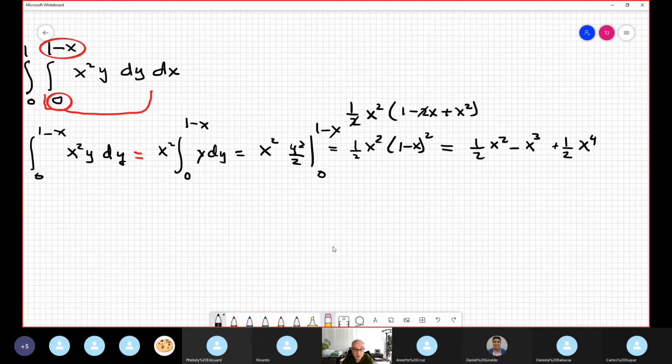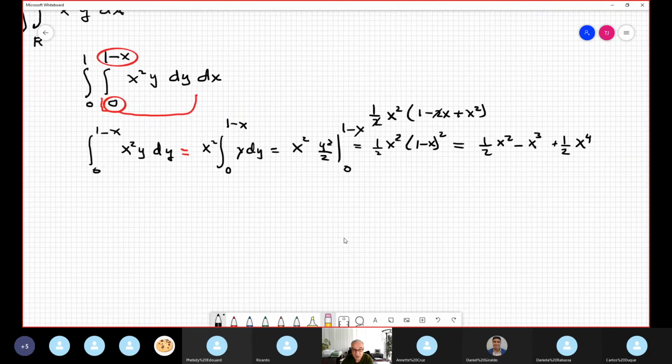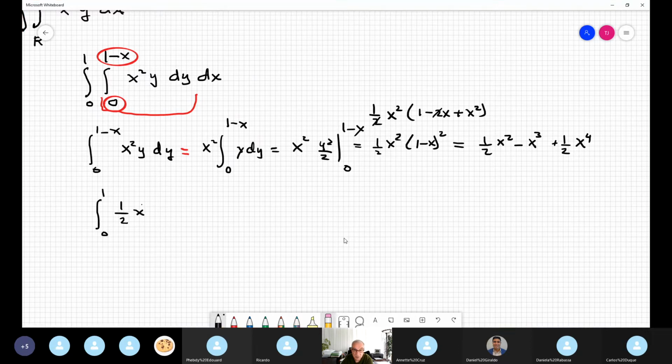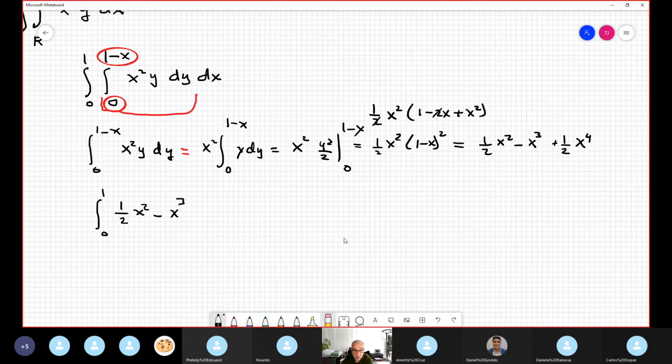You see, when the limit is variable, it's a little bit complicated. So now finally I do the integration from 0 to 1. The last part of this function is 1/2 x squared minus x cubed plus 1/2 x to the 4th power dx. If you want, you separate into different integrals. The first one is 1/2 integral of x squared dx, which is x cubed divided by 3, evaluating between 0 and 1.